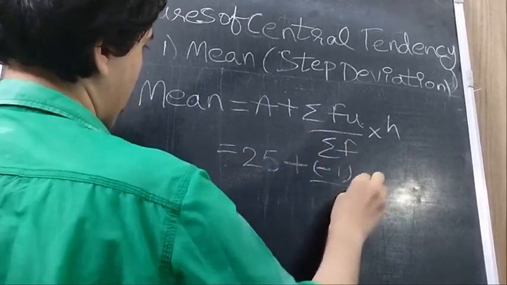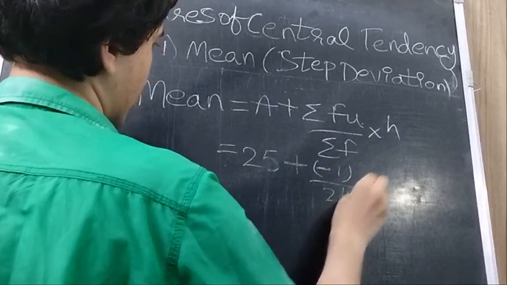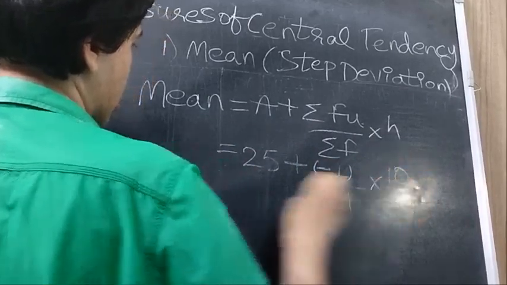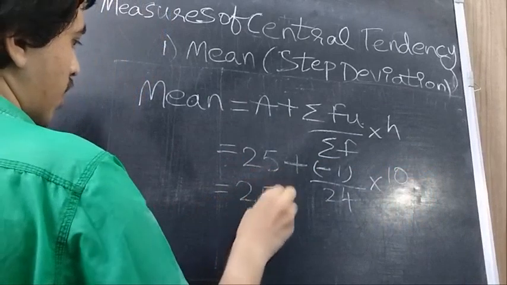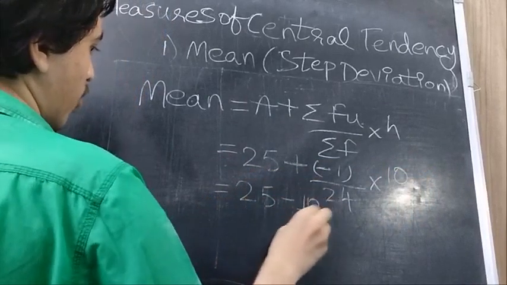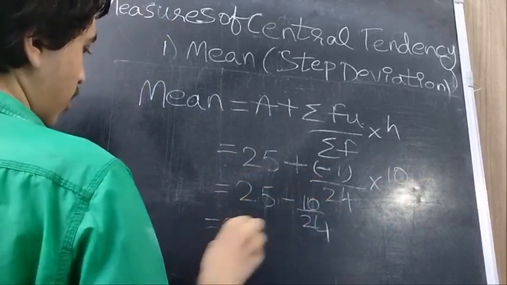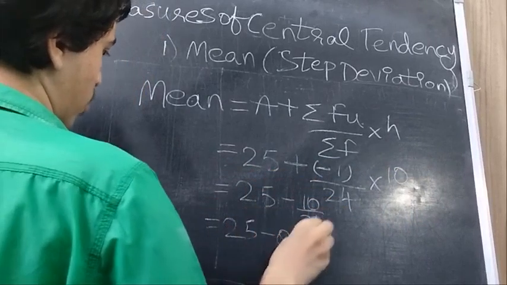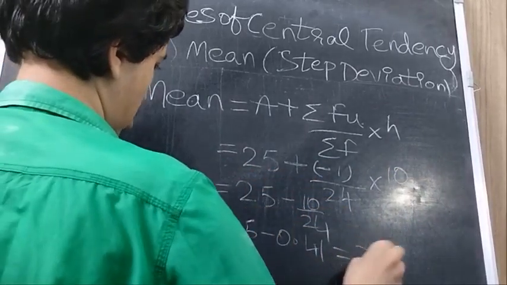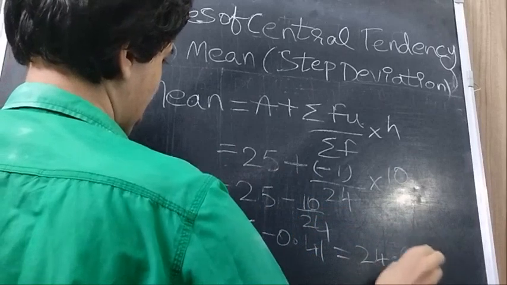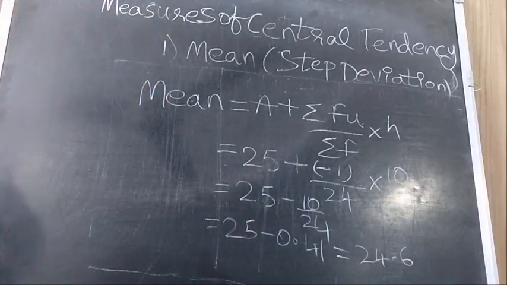I have written 24 for sigma f, and h is 10 as I have said. That is 25 minus 10 by 24, that is 25 minus 0.41 something, that is 24.6 at last. This is the mean in the step deviation method.